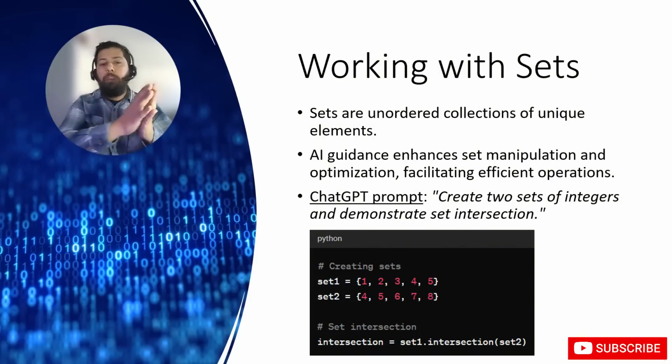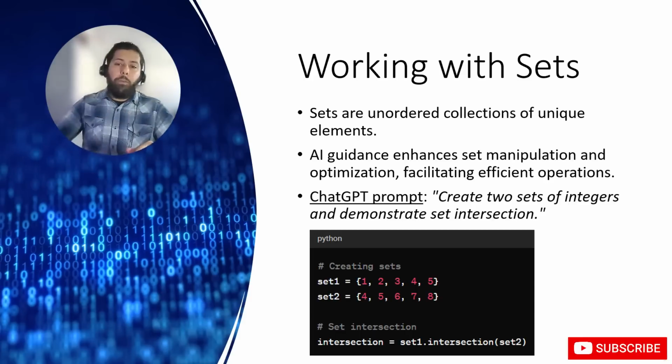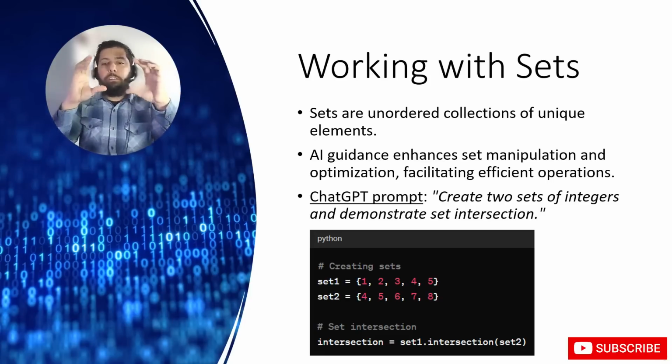So you can prompt ChatGPT to do the following. Create 2 sets of integers and demonstrate set intersection, one of the applications of sets, right? So here I have set 1, which is numbered from 1 through 5. Set 2 is numbered from 4 through 8. And then I create an intersection, and I say intersection equals set 1 dot intersection open parentheses set 2.